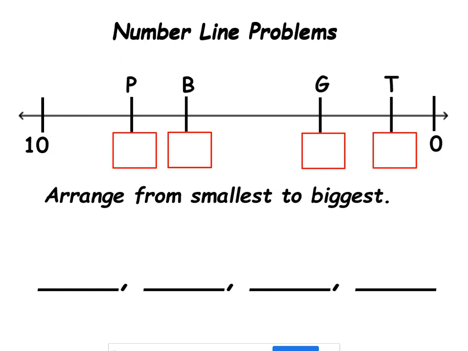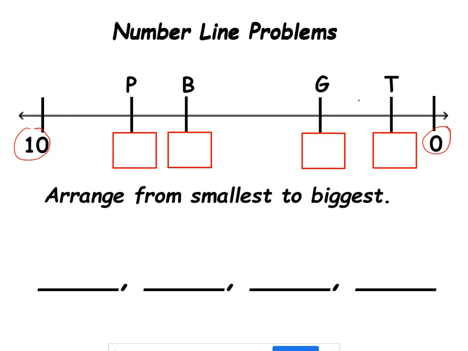Another problem with number line. Arrange from the smallest to the biggest. We have 10 and we have 0. Now, is this counting forwards or backwards? Because we have the smallest number 0 here and the biggest number, so you're counting forwards.